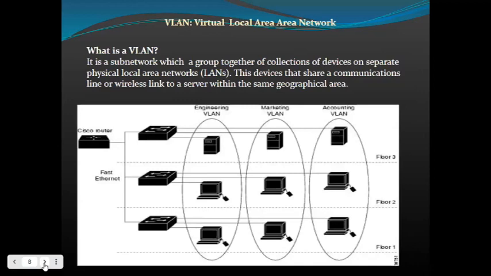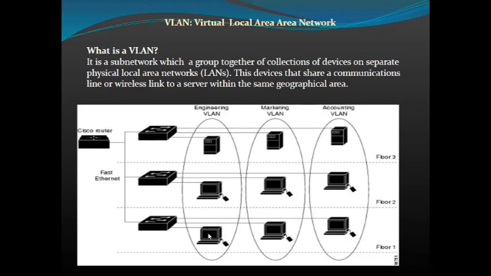We have VLAN. VLAN is kind of a cluster of connections, I would say. Here it's defined as a subnetwork which groups together a collection of devices on separate physical locations. So we can take this as building floors: the first floor, second floor, third floor, fourth floor.